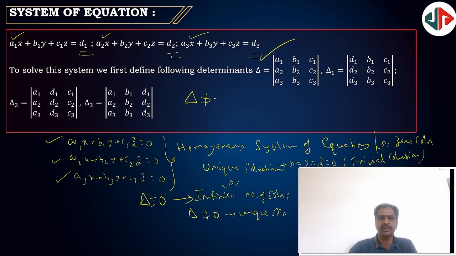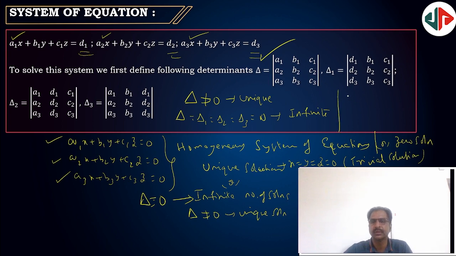If delta is not equal to 0, then they have unique solution. If delta, delta 1, delta 2, delta 3 all are zeros, then they have infinite number of solutions. Infinite number means everything will be zeros.